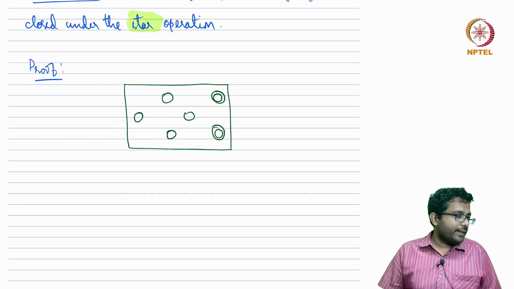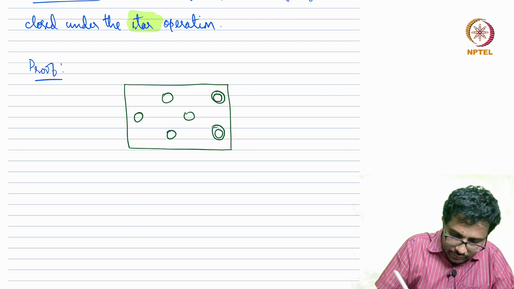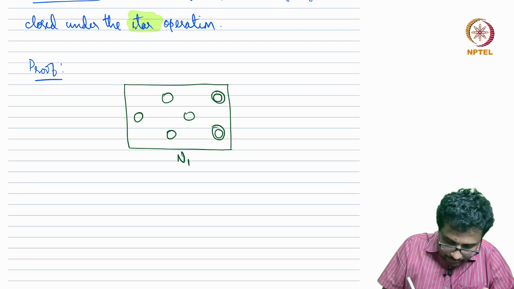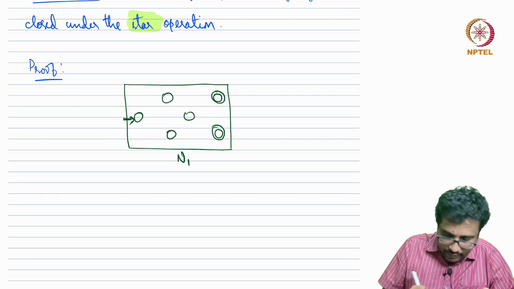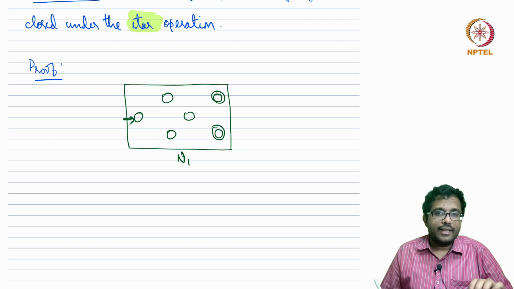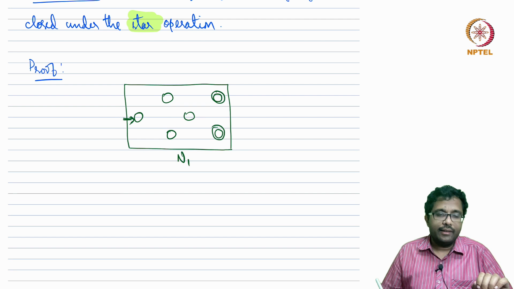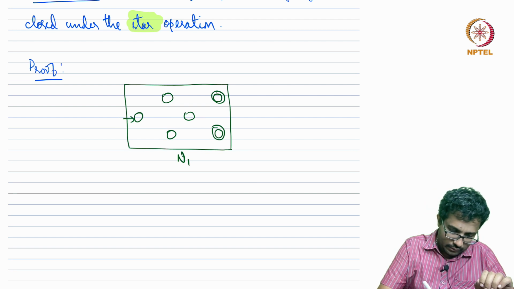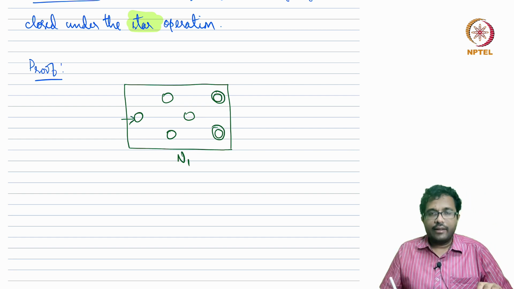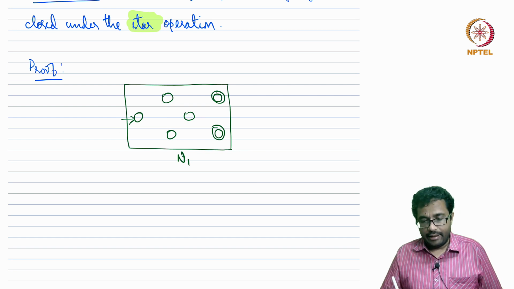So now let's say this is the NFA for N1. Let's say this is the start state of N1. Now how do we modify this in such a way that we accept all the star operation language?